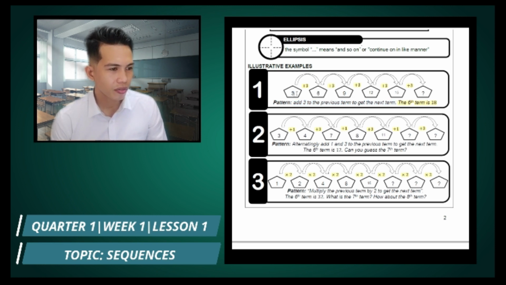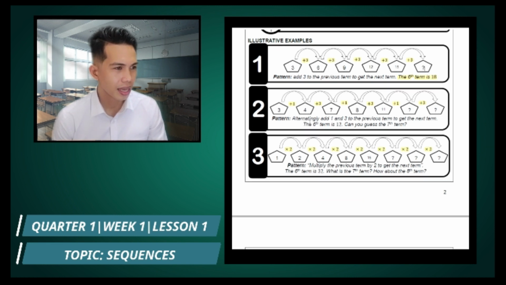So starting on the first term, 3, add 3, then we have 6. To get the next term, add again 3, 9, and then add again 3, we will have 12, then add 3, 15. Therefore, to get the next term, this unknown term, simply add 15 by 3. And you have your sixth term is 18.